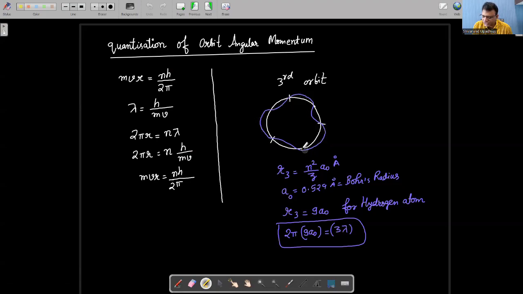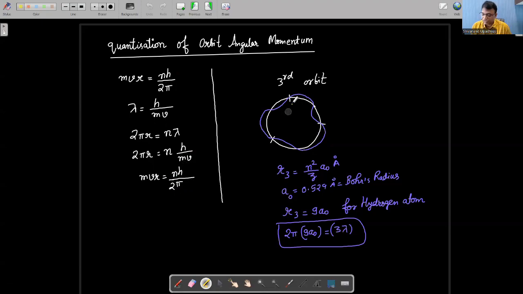So using that concept of a stationary wave, we are saying that the path 2 pi r should be an integral multiple of lambda. So in this first equation, there is no lambda, so we are putting the value of lambda in this equation. From there, we are able to prove that mvr is equal to nh upon 2 pi.